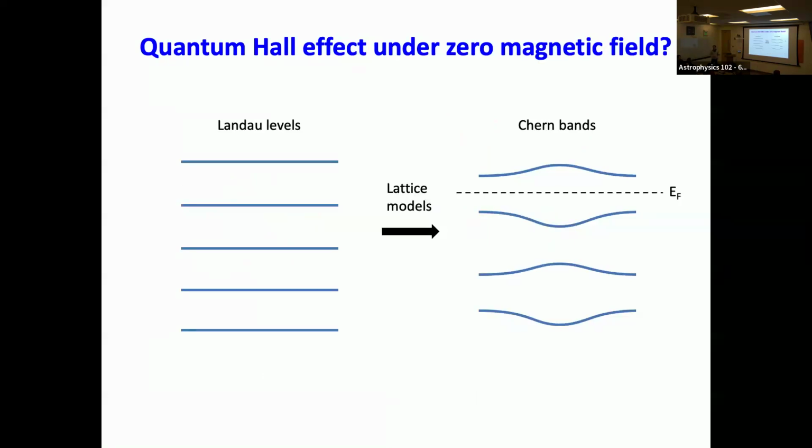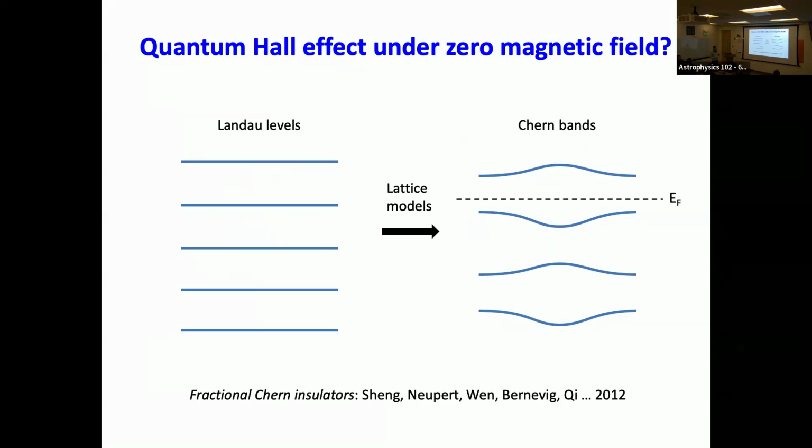I think the concept can be generalized further: instead of putting an electron gas under a very high magnetic field, you could achieve so-called flat Chern bands. The bands look similar to Landau levels, through some kind of lattice model. If you build a lattice model with complex hopping correctly, you can get flat Chern bands that mimic Landau levels at zero magnetic field.